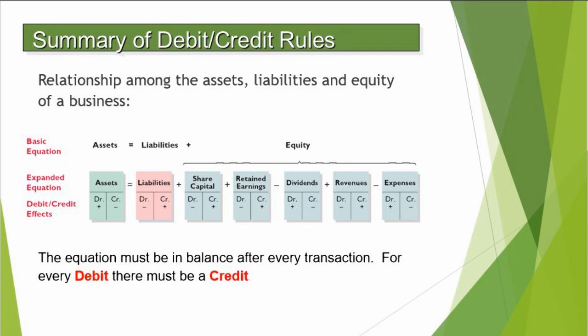Or what can happen on the other side is some account of liabilities will decrease on debit, or some account of equity will increase on debit like dividend and expense, but share capital, retained earnings, and revenue will be decreased on debit.